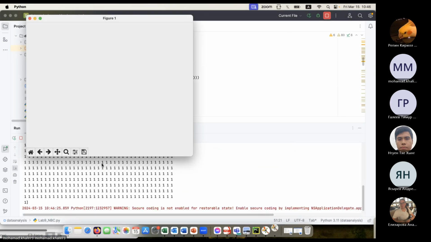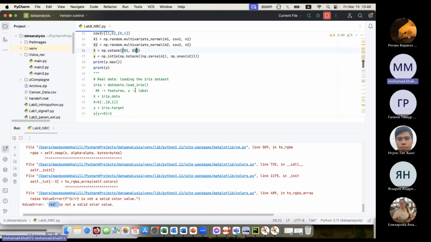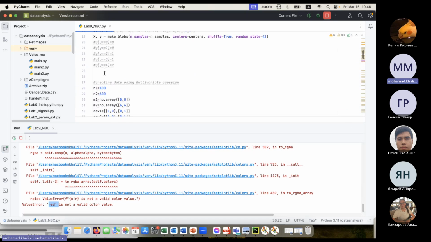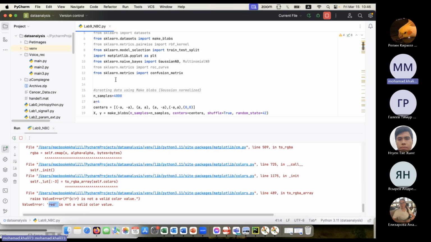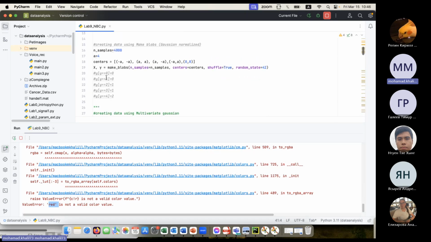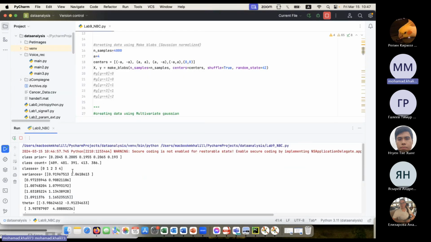Run. Red is not a color. This is new. And look, the same y as before here, it worked like that and like that. And I want to take the data here. Because the y here, okay. If I take here, look, the same worked. It's strange. I want to see what the print of y is here.